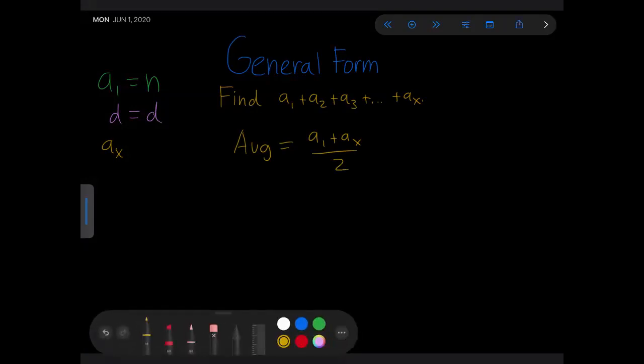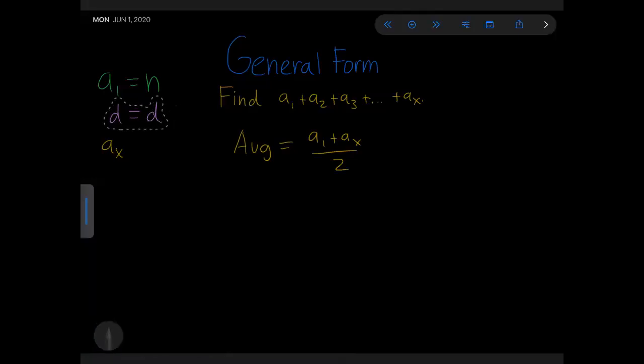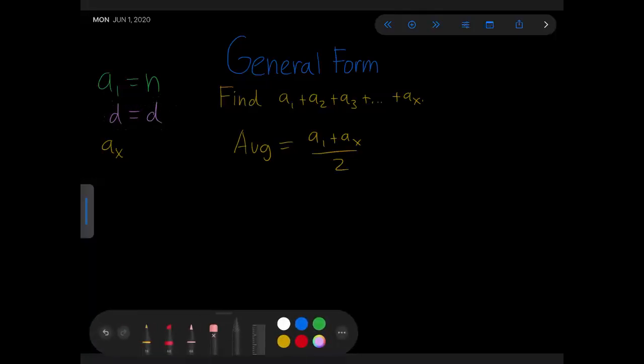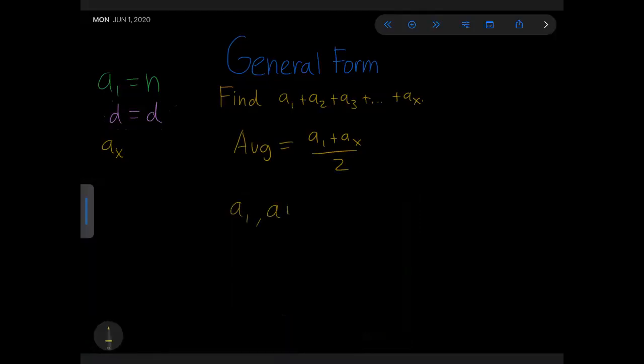We say that our common difference is d again. So if we had the sequence a1, a2, a3, dot dot dot, a sub x, how many terms are in that sequence? Well, we can rewrite this sequence as a1, a1 plus d, a1 plus 2d, a1 plus 3d, dot dot dot, a sub x.